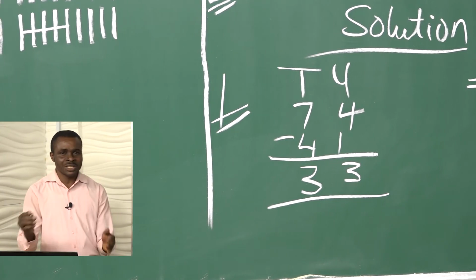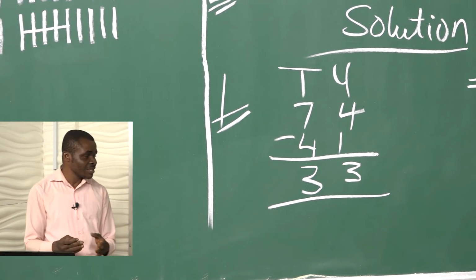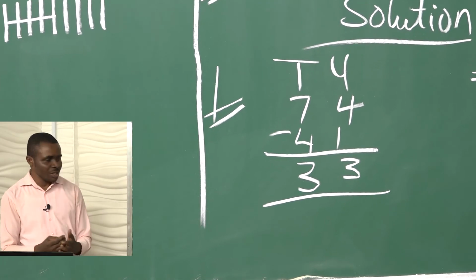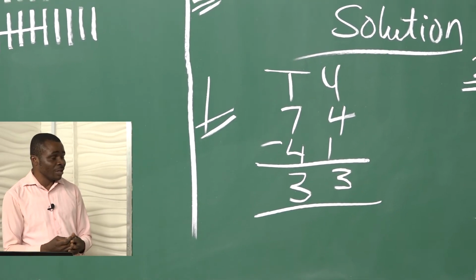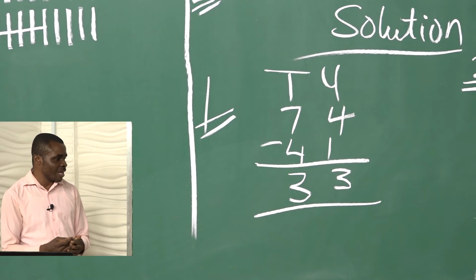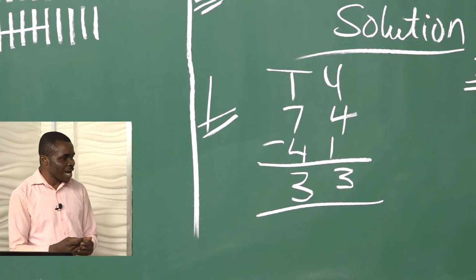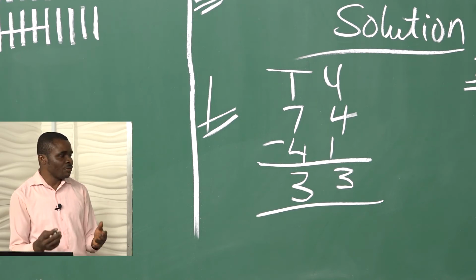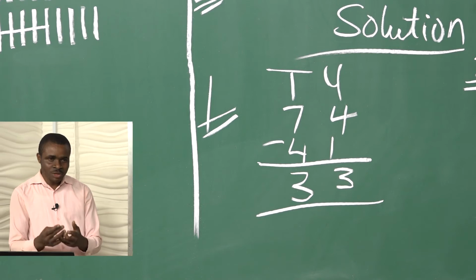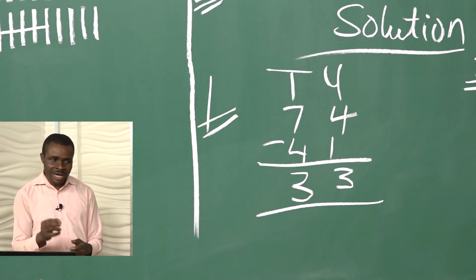Then you place your 7 under the tens and your 4 under the unit, which is a bigger number. Then your 41, you have your 4 under the T, which is the tens, and your 1 under the unit. Now you count 4. If you are writing down, you can use strokes.